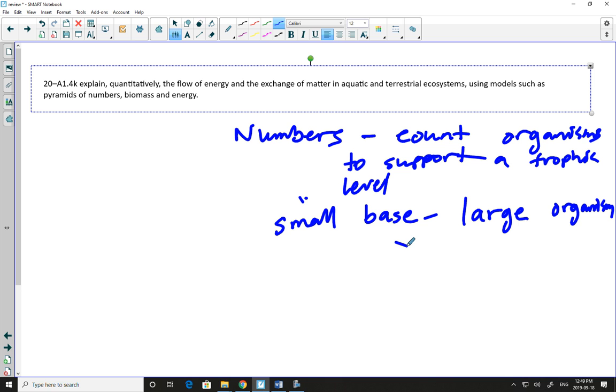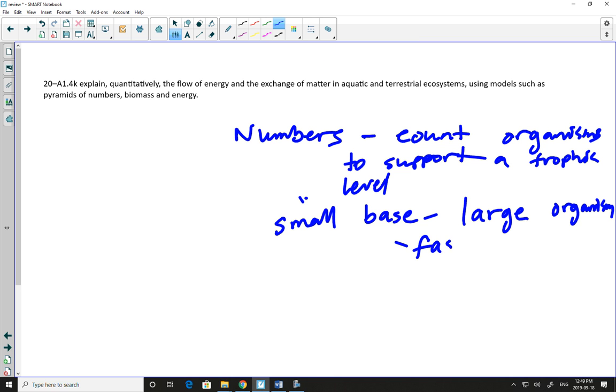Yes, and then fast reproductive rate. So like the algae in the oceans are reproducing very, very quickly, so they tend to have a smaller base because the turnover is very quick.